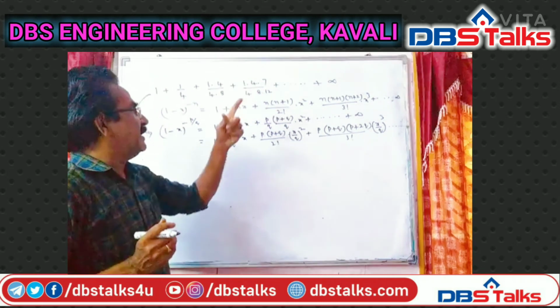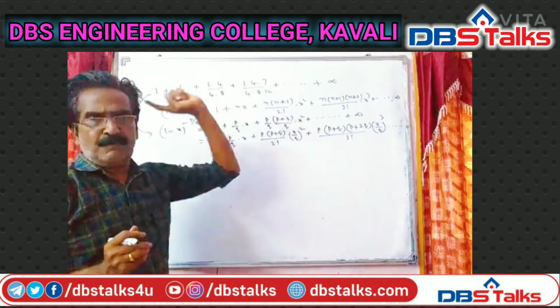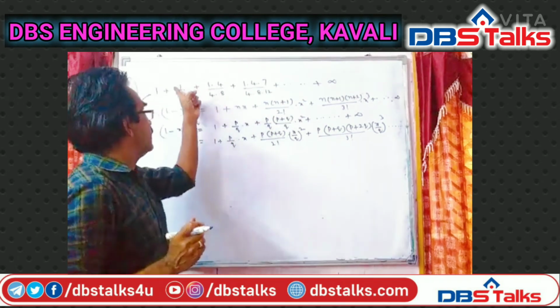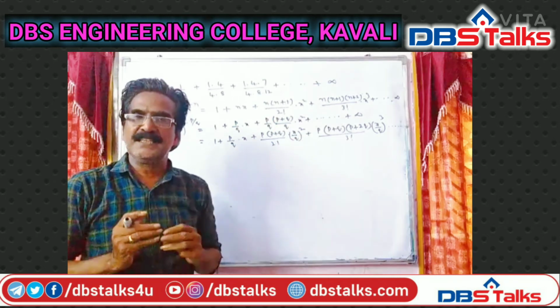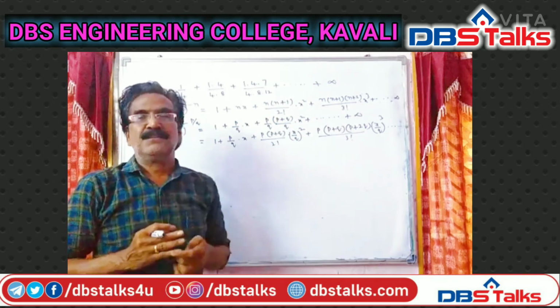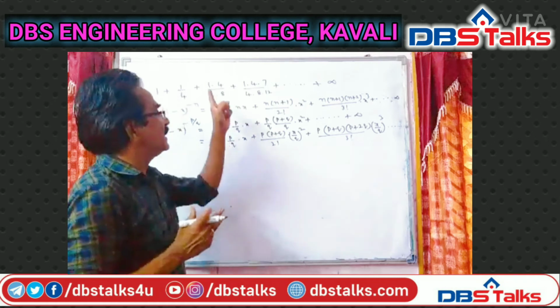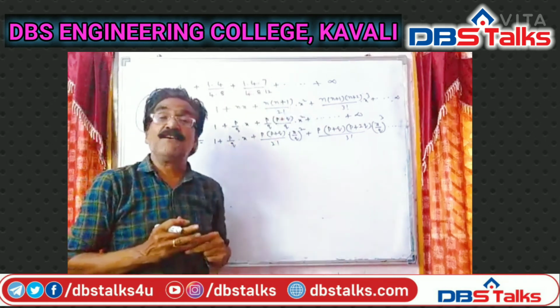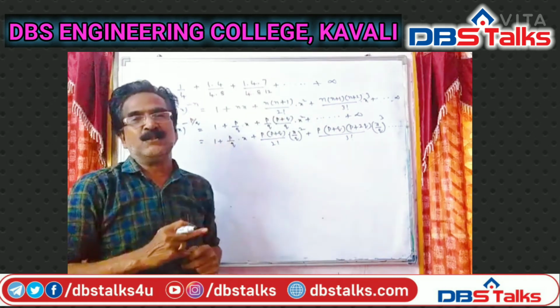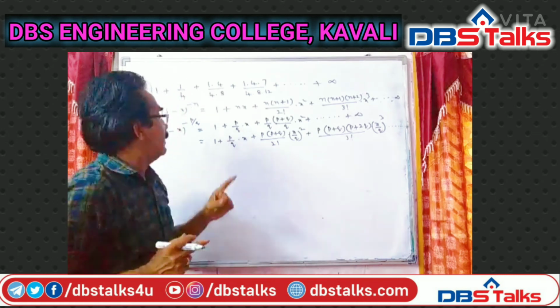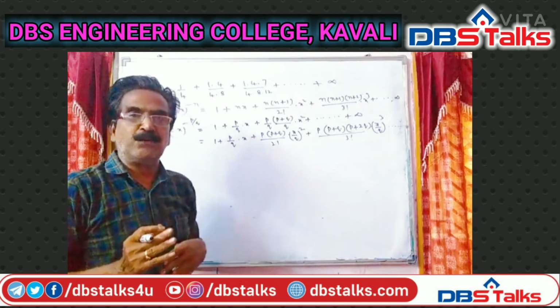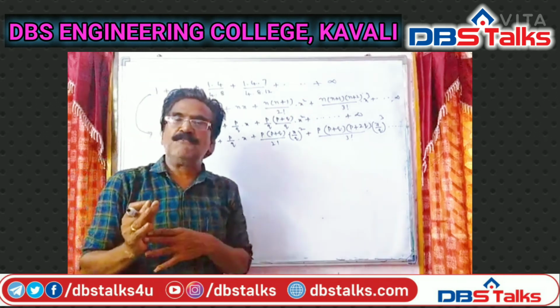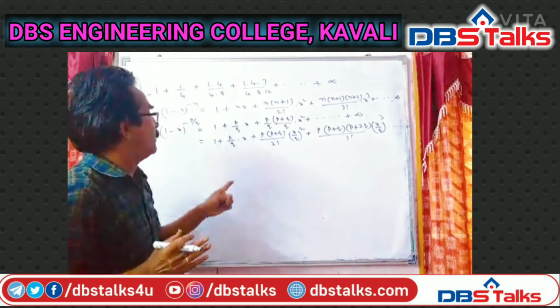Just observe the numerators, and you can conclude that the given expression is in the form of (1 minus x) whole power minus p by q.